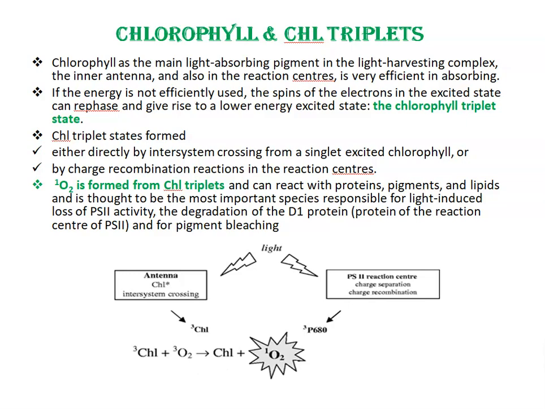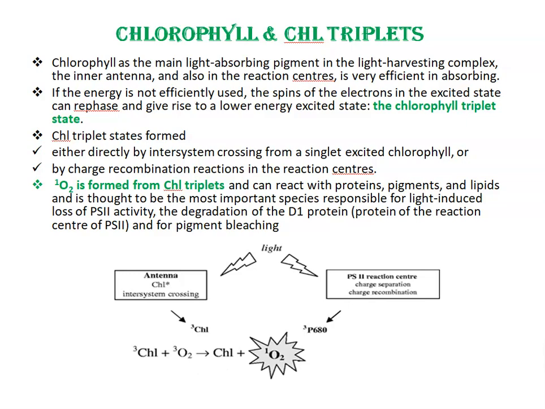So, singlet oxygen formation is favored under certain physiological conditions like exposure to high light intensities or drought leading to closure of the stomata and low carbon dioxide concentration in the chloroplast. So under such condition, the plastoquinone pool can be in a very reduced state and forward electron transport is very limited, and then recombination reaction in photosystem 2 can occur.